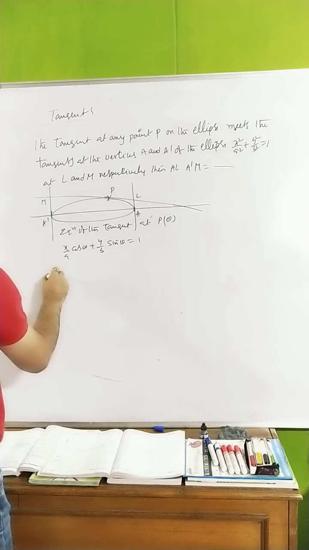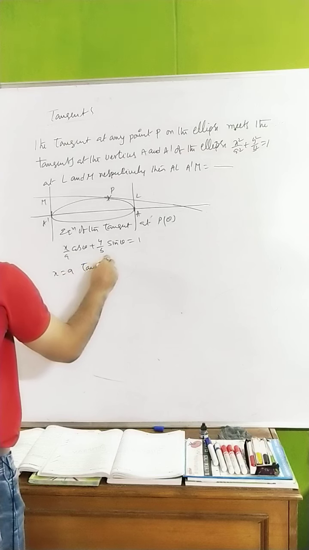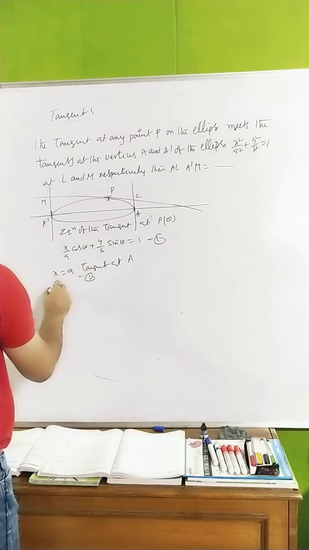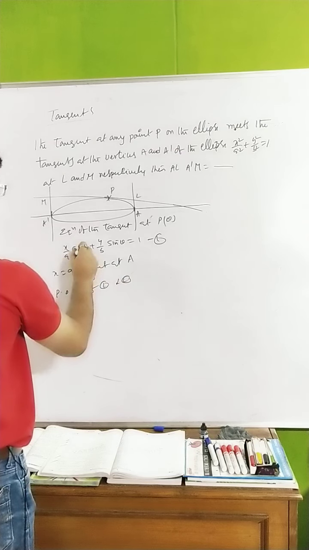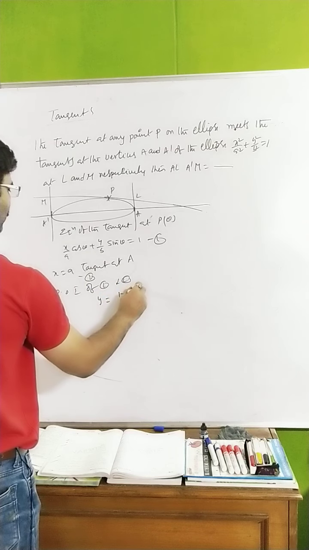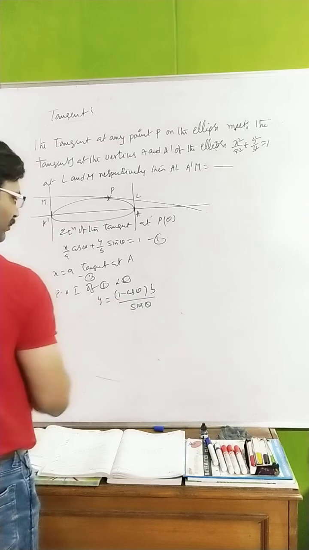And x is equal to a is the tangent at A, call it 2. Point of intersection of 1 and 2 means you will get here y is equal to (1 minus cos theta) b by sin theta, you got it.